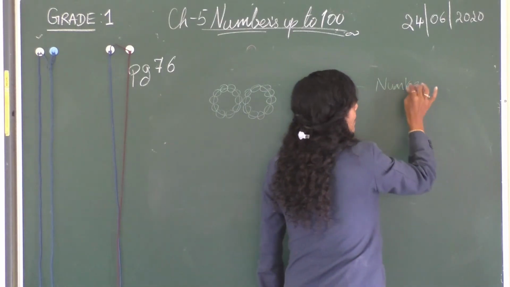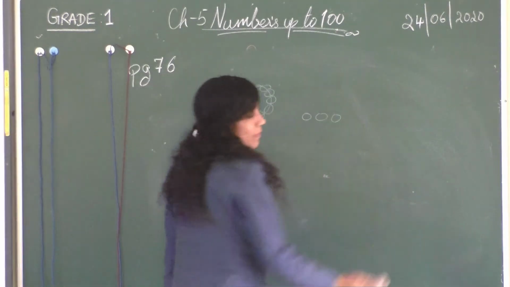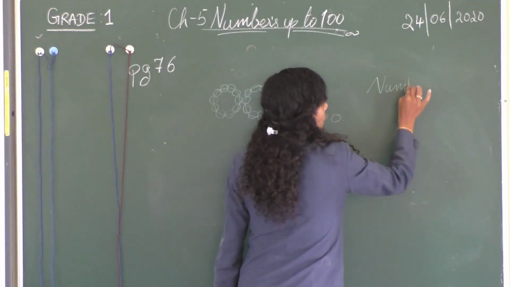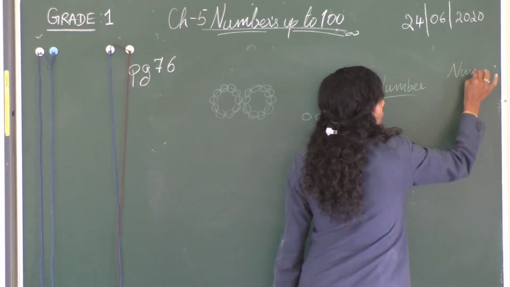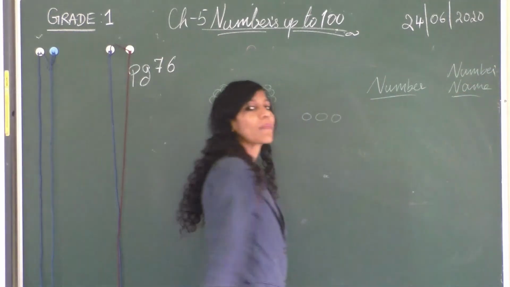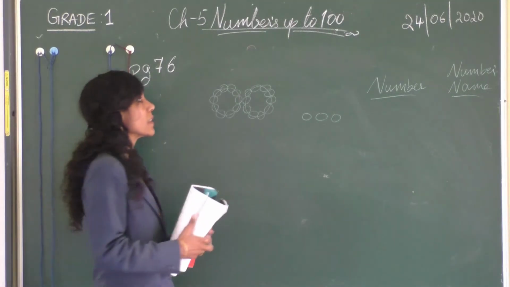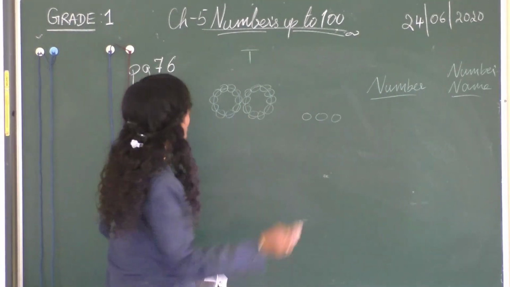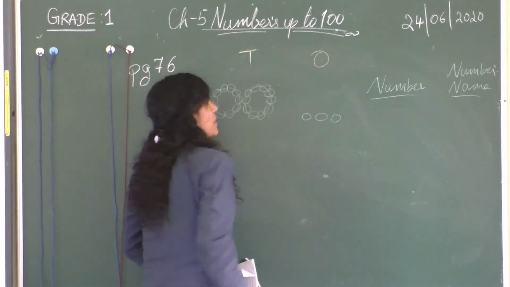Now they have asked you to write the number and the number name. So this is pack of tens. It comes in the tens position. This is the ones position.